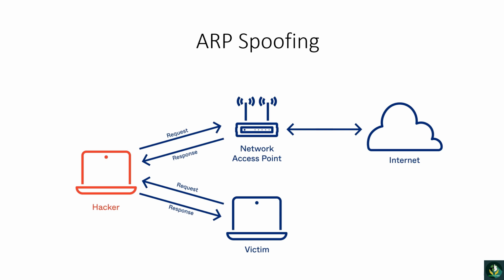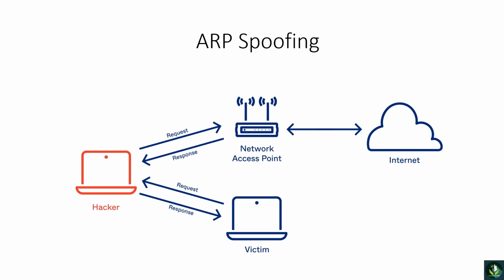We'll do the same with the victim. We'll send it an ARP response and tell it that I am 192.168.1.1, which is the router IP address as we previously saw, and it's going to update its ARP table, associating that IP with my own MAC address.